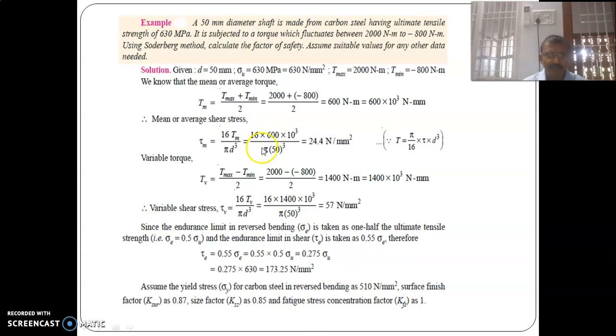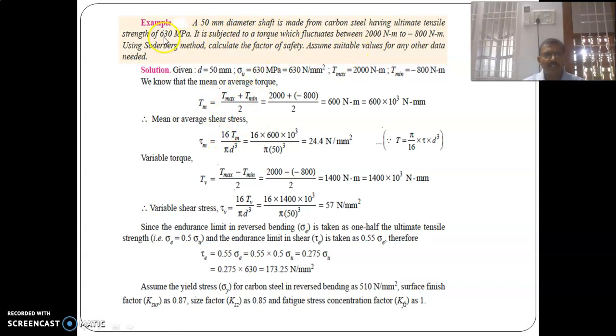Okay, next problem. It is also a Soderberg equation problem, but in this case we have to use torsional shear stress.